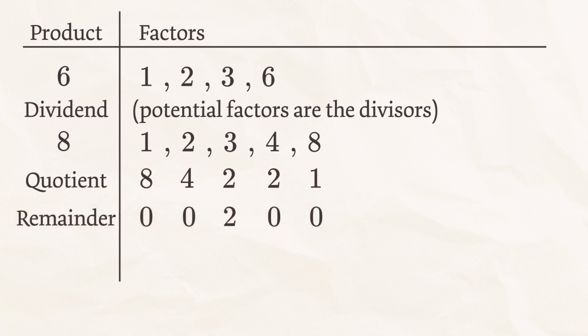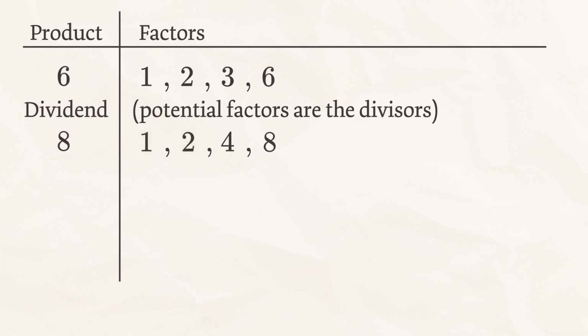Here are our results. 1, 2, 4, and 8 have remainders of 0 and are in. The rest are out. Now we know what our factors are for 8. You can use this method for manually finding factors. And for small numbers, it can be very practical.